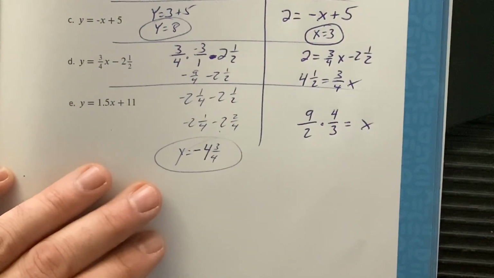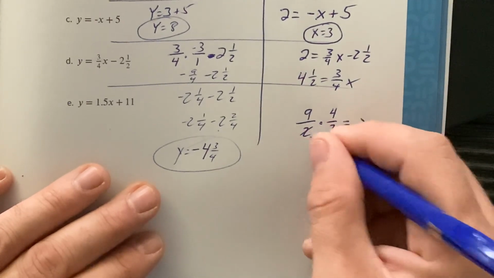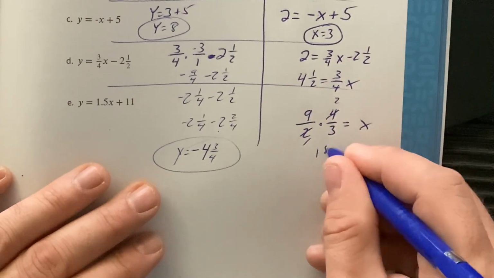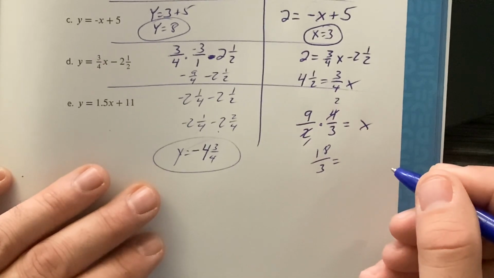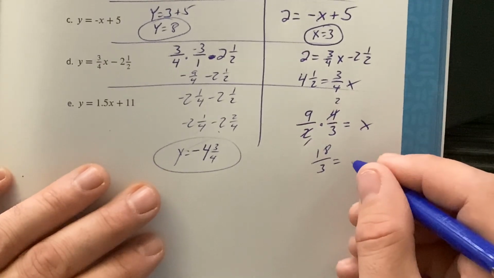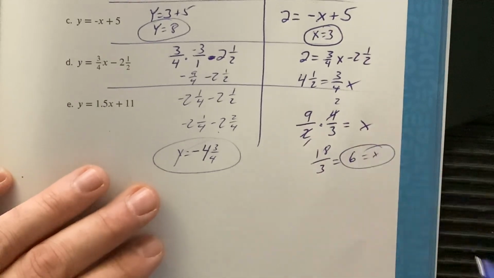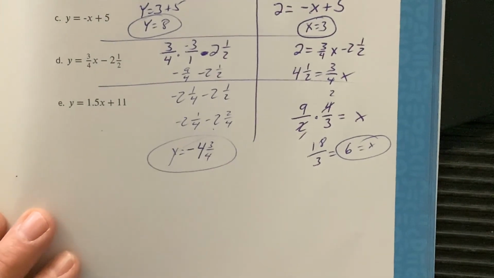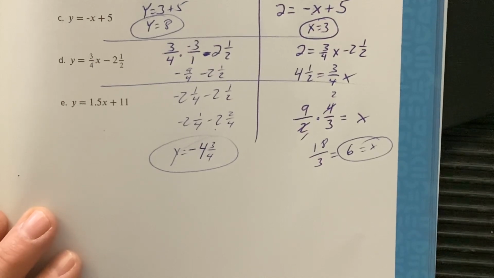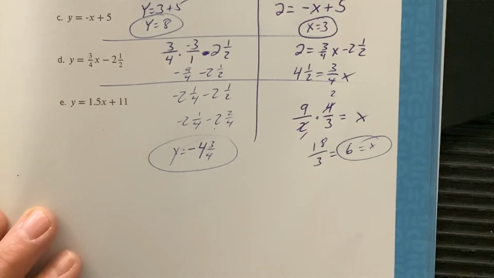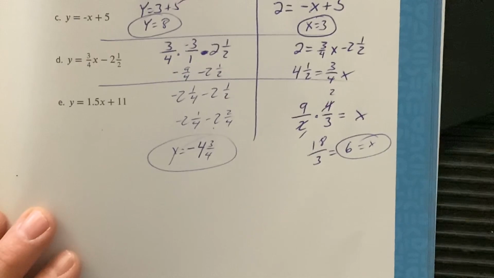And that should get me my answer. So 36/6. Can cross cancel if you want smaller numbers. 18/3. 18 divided by 3 comes out nice. 6 would be your answer to that one. Okay. That was probably the hardest too, dealing with the fractions.